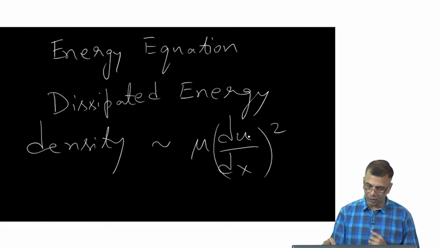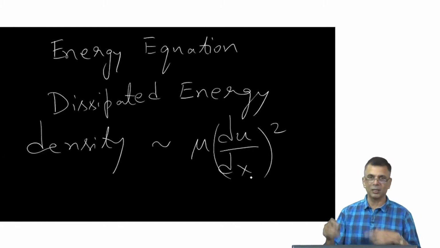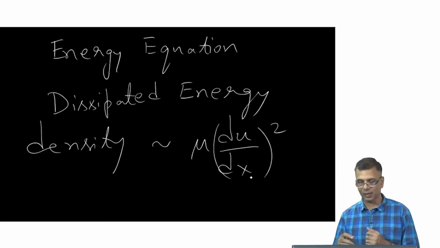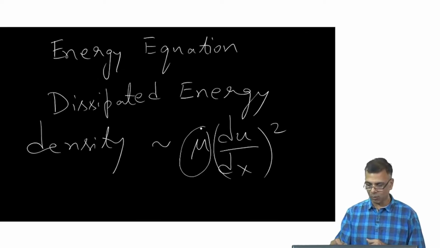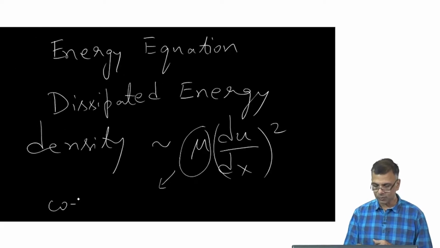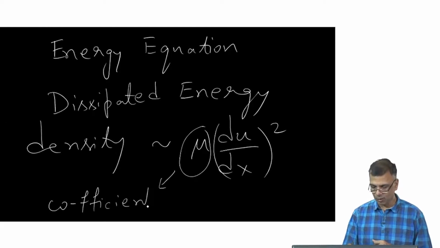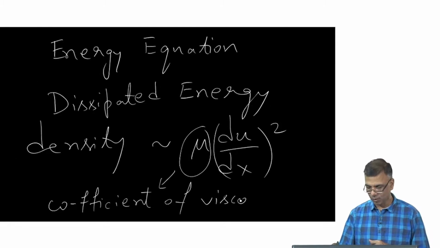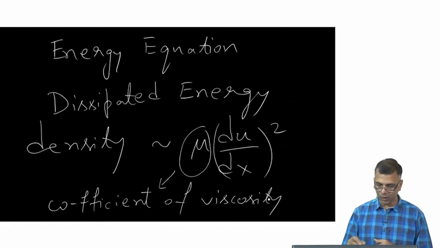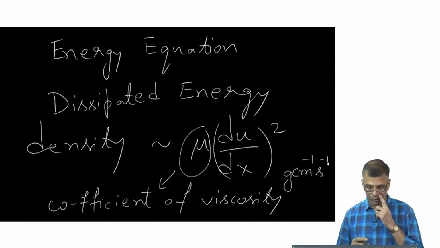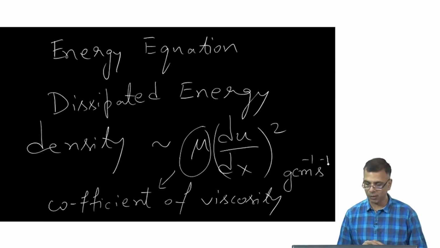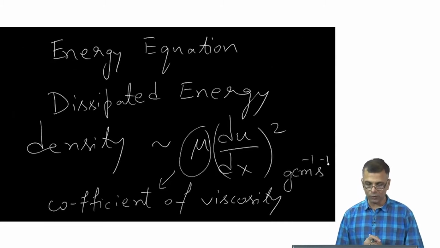Where we really have dui dxj plus duj dxi. But this was the main focus, and this was the coefficient of viscosity, the dimensions of which are grams per centimeter per second. Sometimes they call this a coefficient of dynamic viscosity, but keeping the dimensions in mind is very useful.